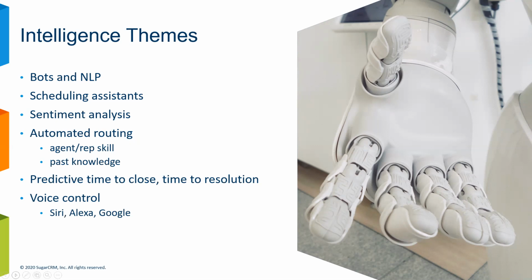Scheduling assistance, like we introduced with Sugar Connect, sentiment analysis, which I talked about a little bit, automated routing by skill and by past knowledge. Want to use a lot more predictive capabilities. So this gets into the time-aware aspect I was mentioning before.